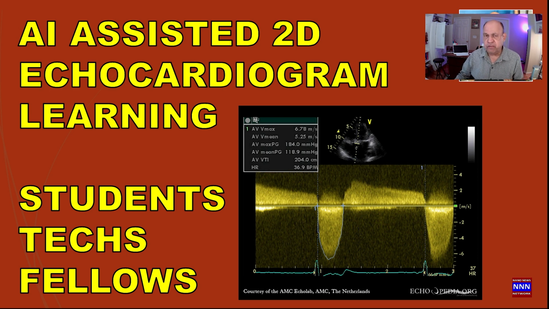Anyway, let us focus on this image of an aortic valve, a continuous wave Doppler with a Vmax of 6.78, V mean of 5.25, and a mean gradient of 118.9 millimeters of mercury, and a VTI of 204 centimeters, heart rate of 36, a pretty slow heart rate.